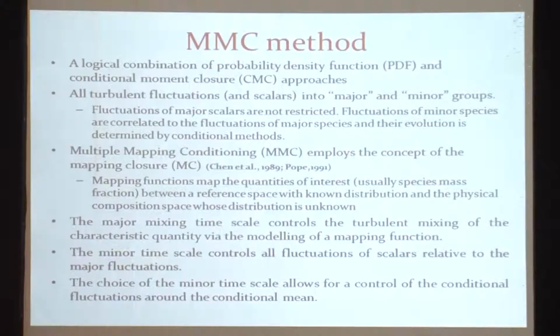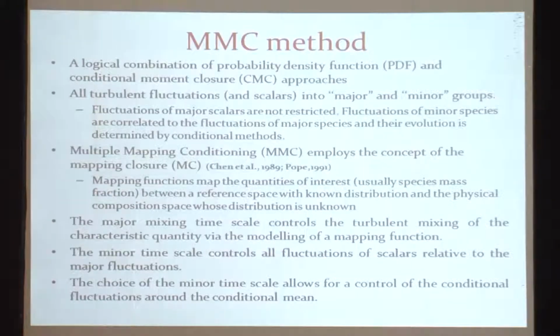So there have been some problems associated with the CMC method, whereas the PDF method is advantageous since it can capture those phenomena, but at a very high computational cost. The MMC method tries to address that problem, and it utilizes lesser computing time compared to the PDF method. I am going to demonstrate that through some results.